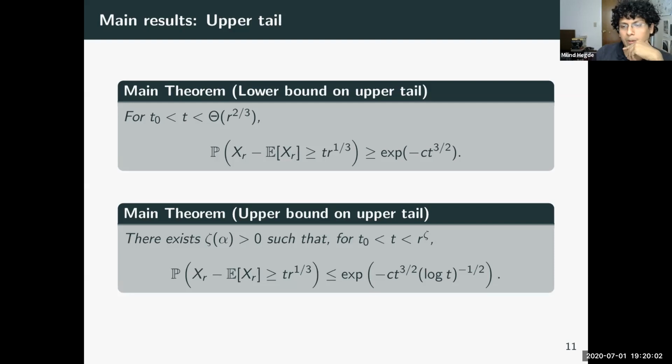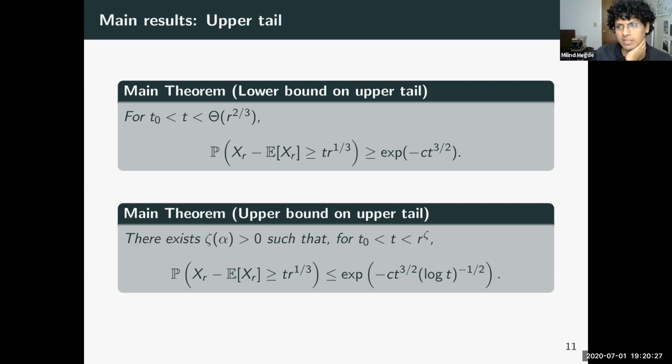We also have an upper bound. This is a little bit more complicated. For one thing, we get the T power 3/2, but we have to pay this kind of logarithmic cost. It's possible that you could remove this with some more work, but it's not that straightforward. The second thing is that it only holds up until T is R to the zeta level, where zeta depends upon alpha.